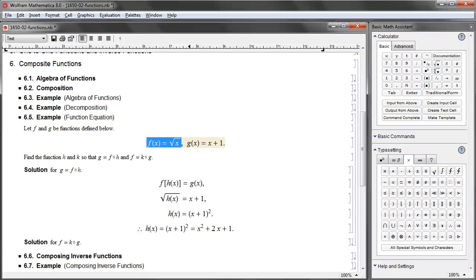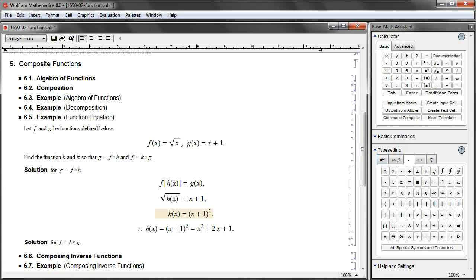So square root of h of x is x plus 1, and now finding h of x is not too bad. It's basically an algebraic equation, square both sides, and we have h of x is x plus 1 total quantity squared, and that's the answer. You can expand it if you want to, but this complete square form is perfect.